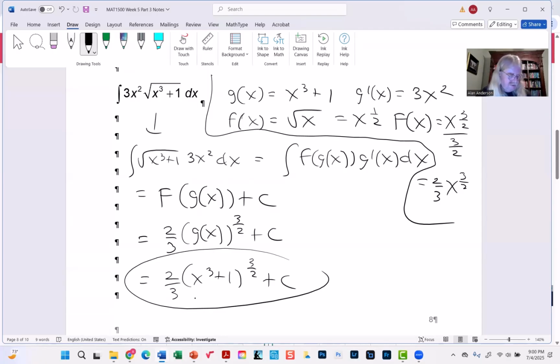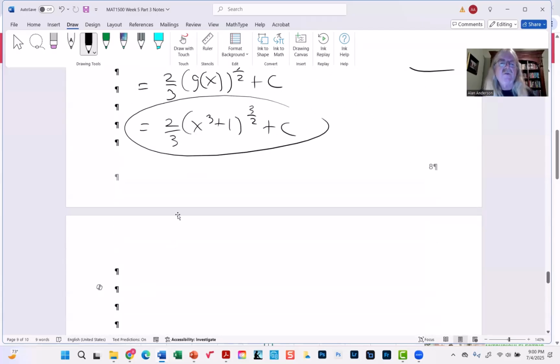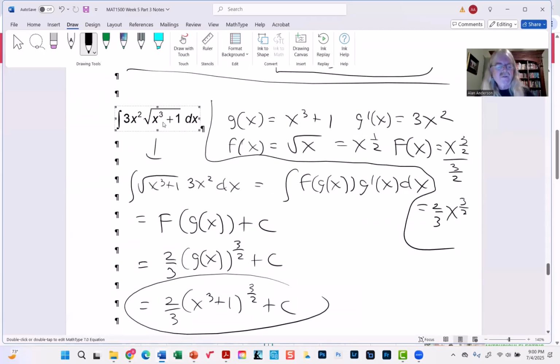Now, if you decide to use u substitution, what will happen differently? Well, you'll get the same answer, of course, but instead you'll do this.